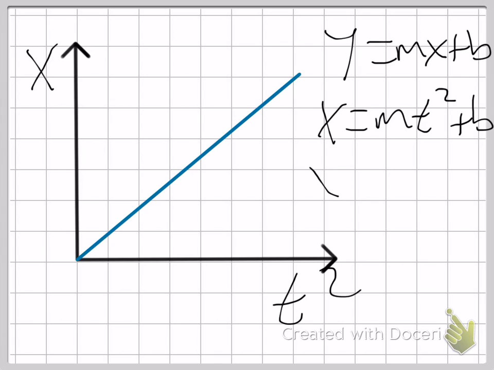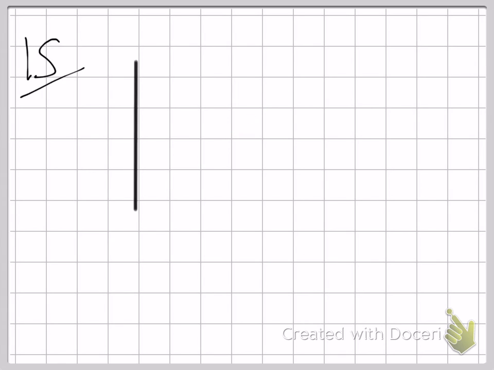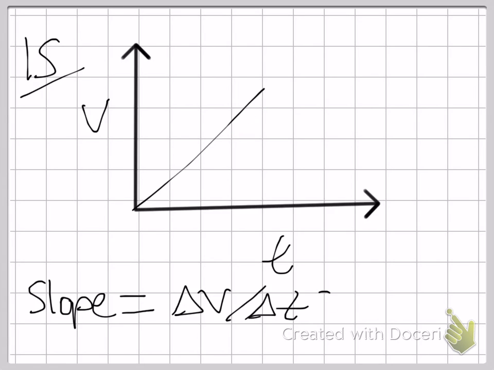And so our equation, again, just like we've always done, is y equals mx plus b, replacing y and x with whatever is on the axes. So we are going to end up with x equals 5t squared, 5 being our slope. You should notice that it looks very similar to the other equation that we have. Remember, this is how we're going to figure out what that slope means.